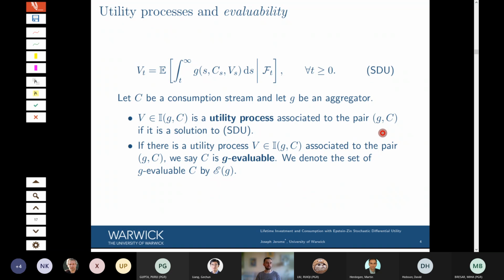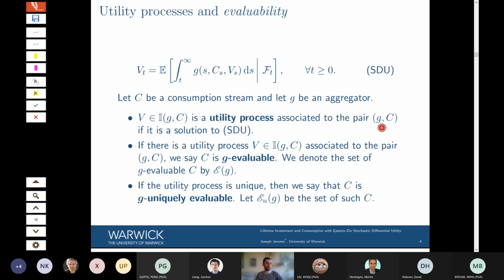And then we're going to denote the set of uniquely evaluable consumption streams, the consumption streams such that a utility process exists and is unique, by script E subscript U of G. So we have evaluable consumption streams and uniquely evaluable consumption streams.